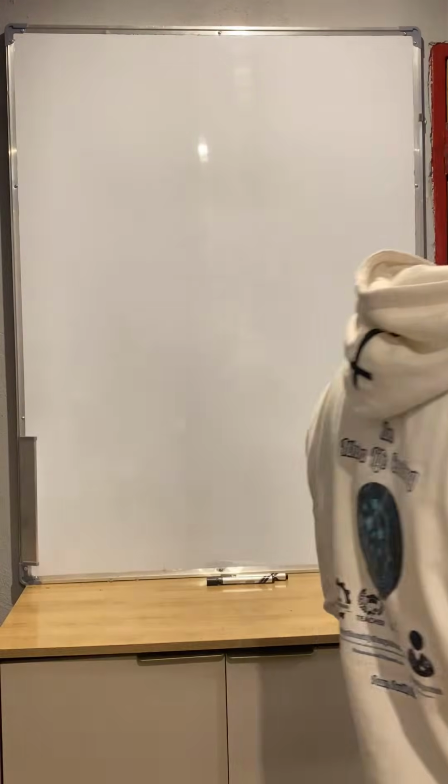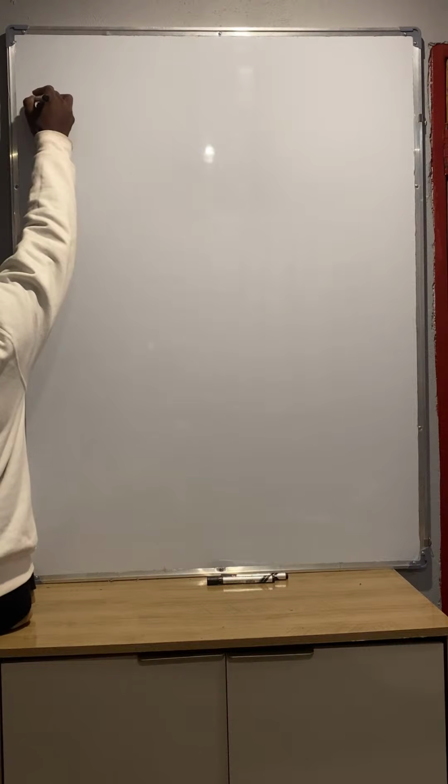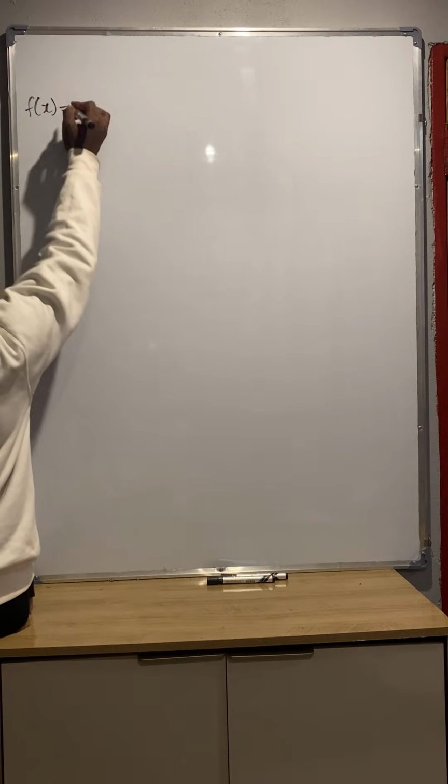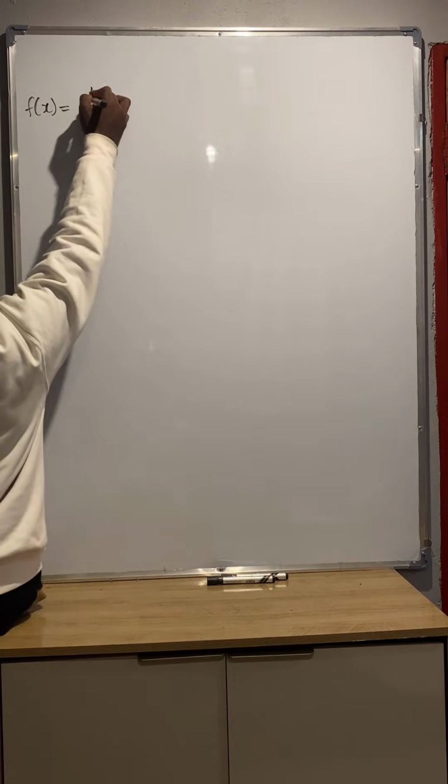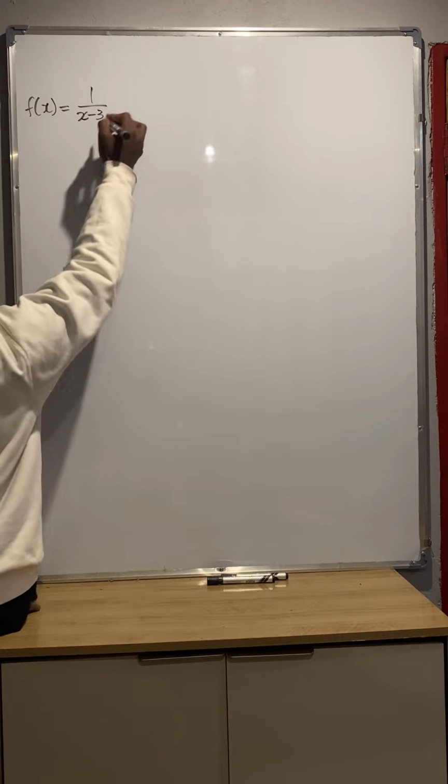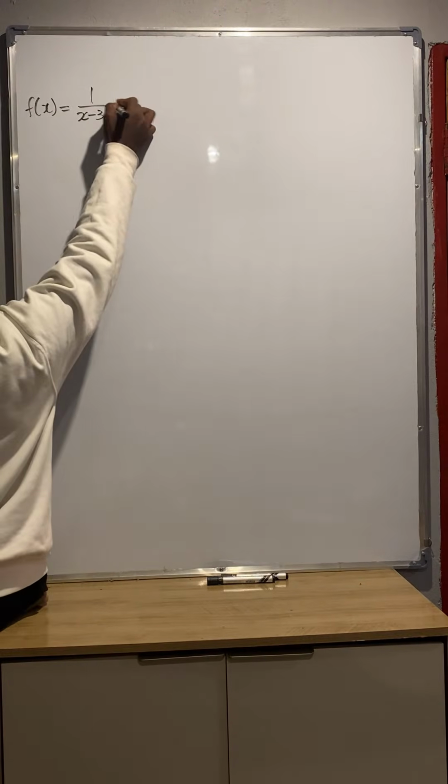Family, so your equation was, let's say, 3.4. But we have f(x) equals 1 over x minus 3, minus 2.